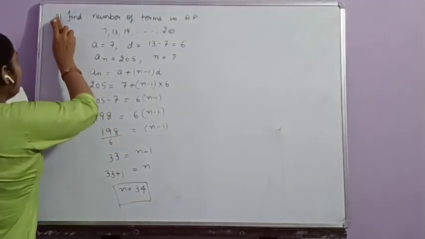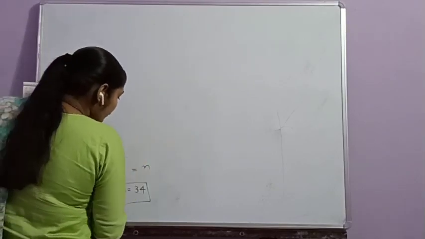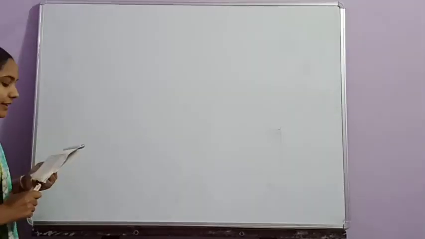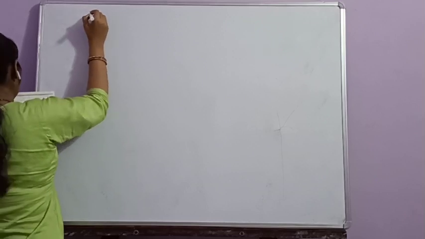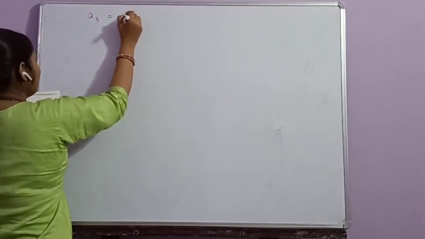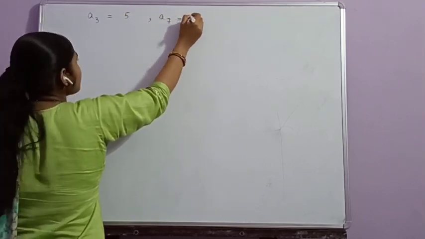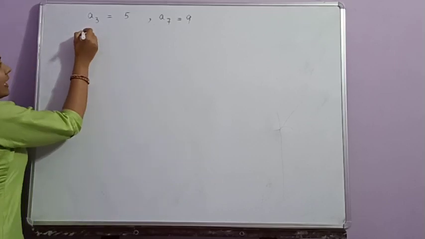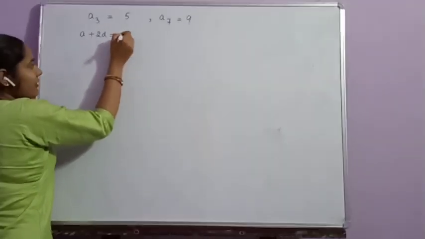Next question is determine the AP. We have to find out the AP series whose third term, that is A3, is equal to 5, and seventh term, that is A7, is 9. A3 can be written as A plus 2D, that is equal to 5.